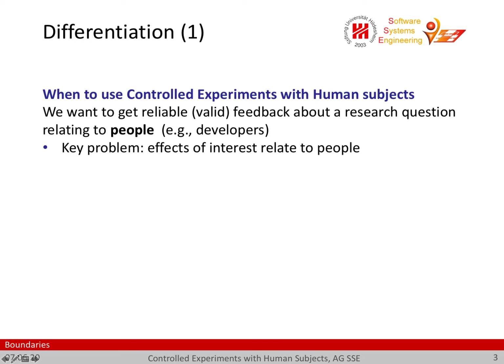So whenever we are interested in the effect of something on people, or of characteristics of people, like productivity, amounts of errors made, or creativity, these are all possible contexts for doing controlled experiments.